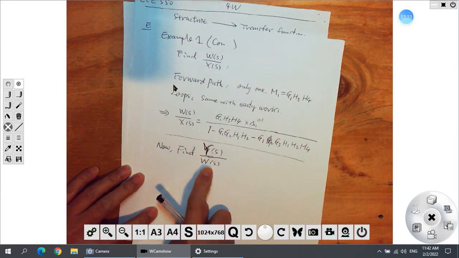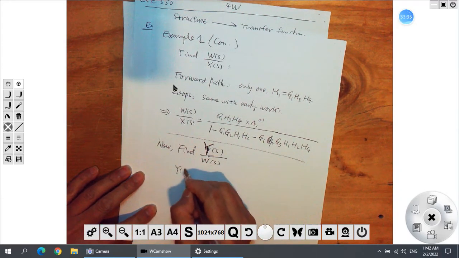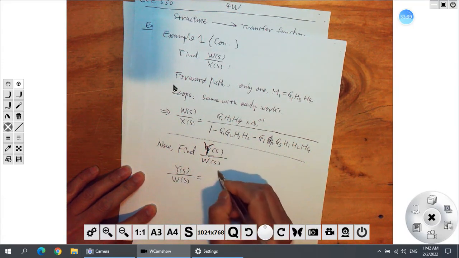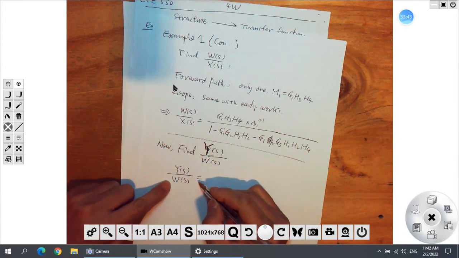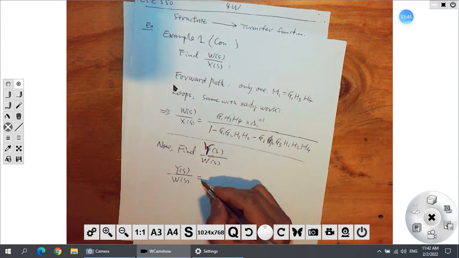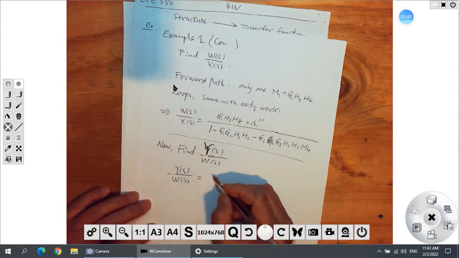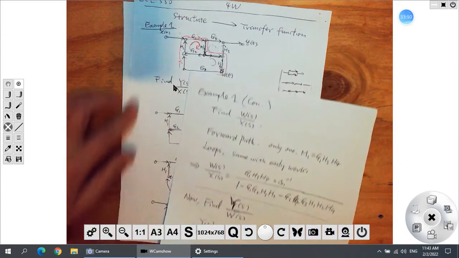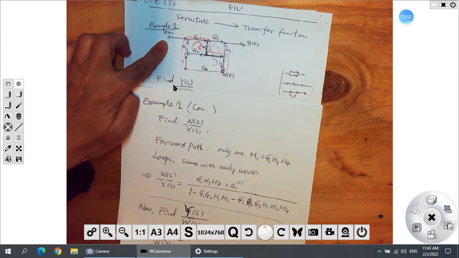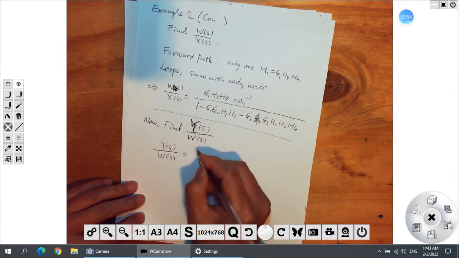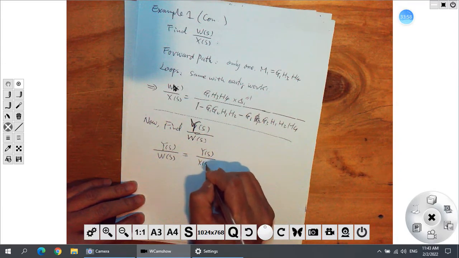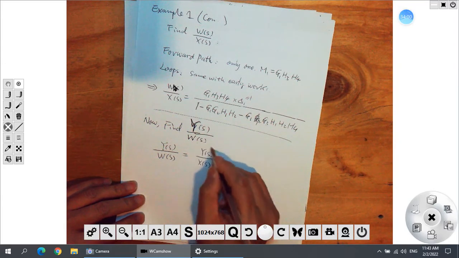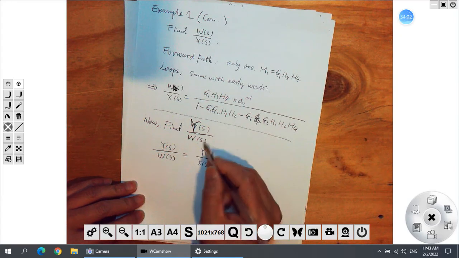So for this one, y over w, we can use the gain formula only if the denominator is coming from an input point. W is not an input, but we know x is the input. In the graph, only x is the input. So we can find Y(s) over X(s) by the gain formula. Actually, we already have it.